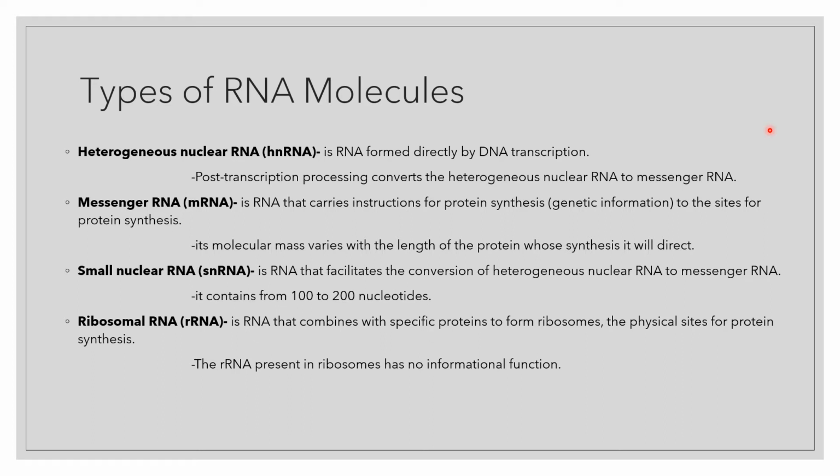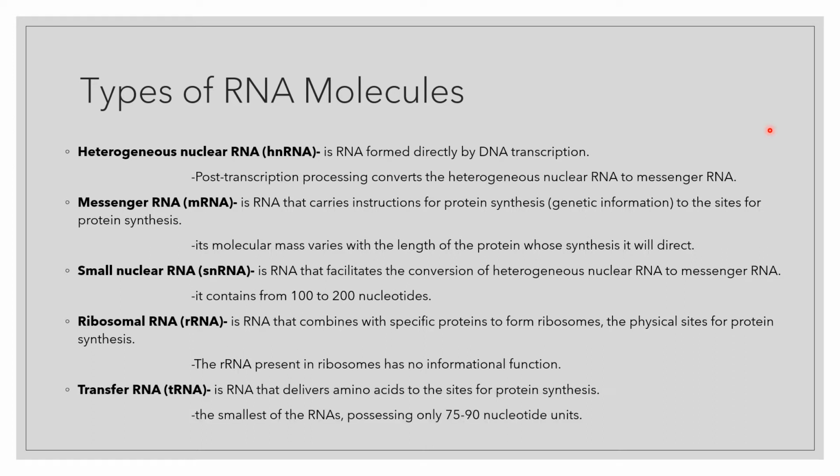This is a type of molecule that combines with specific proteins to form ribosomes. You already know that ribosomes are the physical sites for protein synthesis found in the cell. The rRNA present in ribosomes has no informational function.